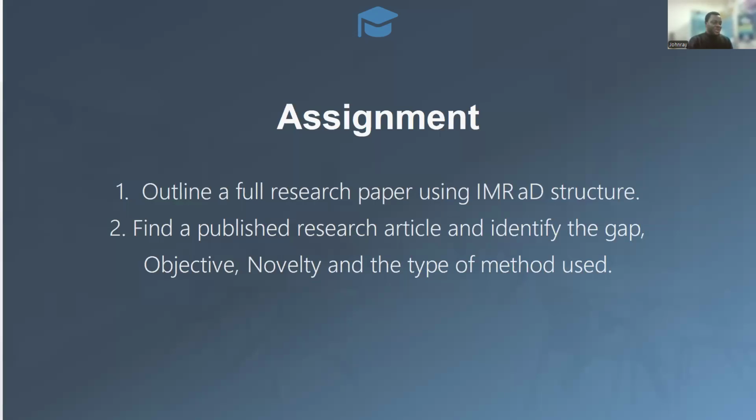For now, we only talked about two parts, so the introduction and the methodology.